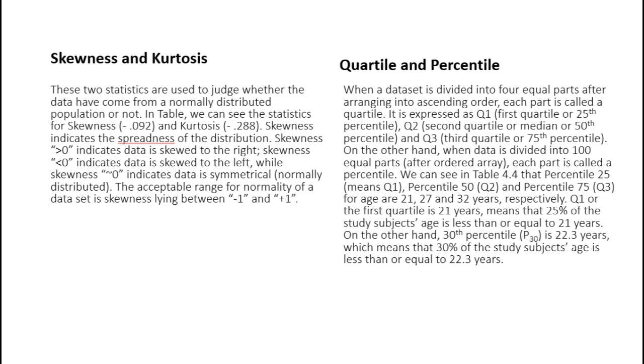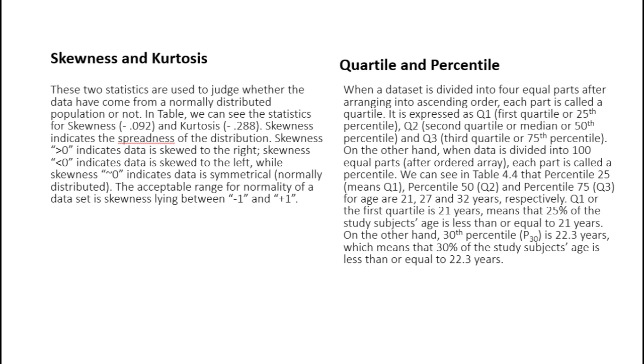Quartile and percentile. When a dataset is divided into 4 equal parts after arranging into ascending order, each part is called a quartile. It is expressed as Q1, first quartile or 25th percentile, Q2, second quartile or median or 50th percentile, and Q3, third quartile or 75th percentile.